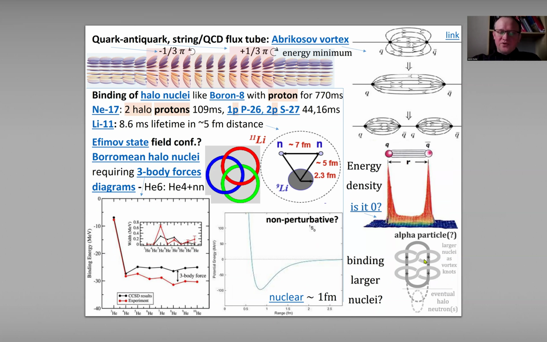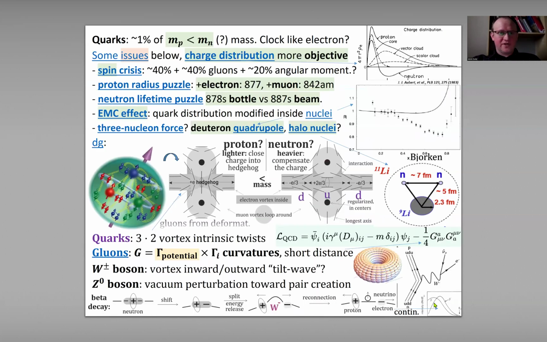I think topological vortices seem the only answer. While the baryons, the proton and neutron, seem a simpler knot, for nuclei we should think about larger knots, which could also have these singular nucleons at large distance, larger than the nuclear force range, in a stable way for halo nuclei, but the details are very difficult.